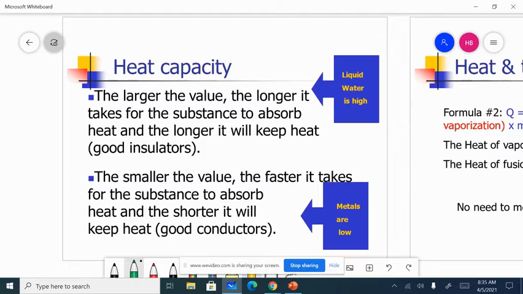That means when you add a small amount of heat to a metal, it will change temperature by a greater amount than, say, water. And we know this because if you had a metal chair sitting outside next to a little kiddie pool full of water, the metal chair is going to be hot, the water is not.